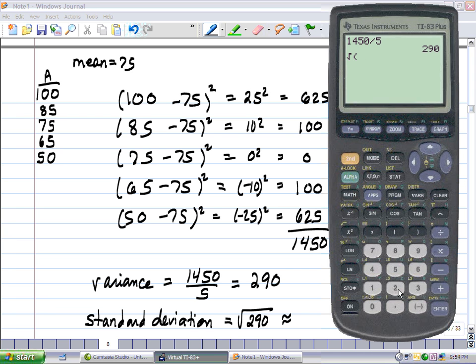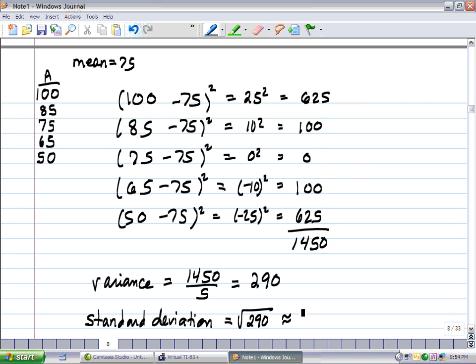So the square root of 290 is 17 approximately, and you round wherever you want to round or wherever you're asked to round to. So the standard deviation is 17. In some sense, the typical deviation from the mean is 17.